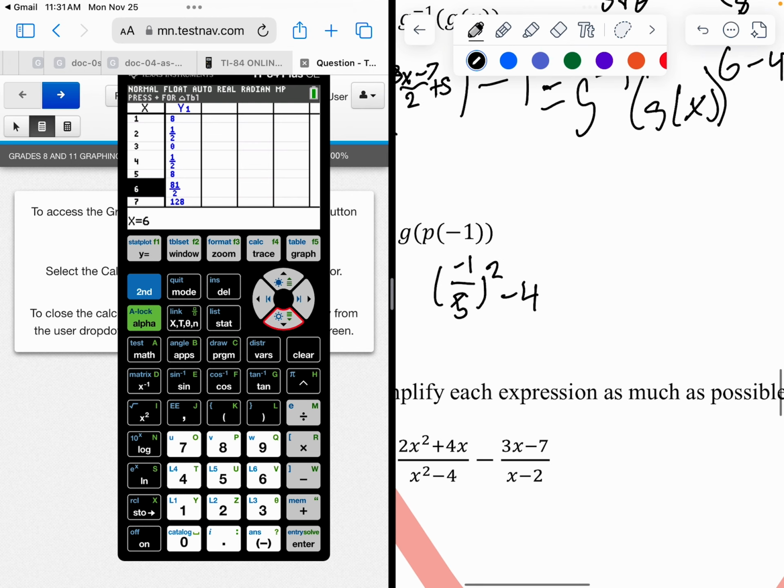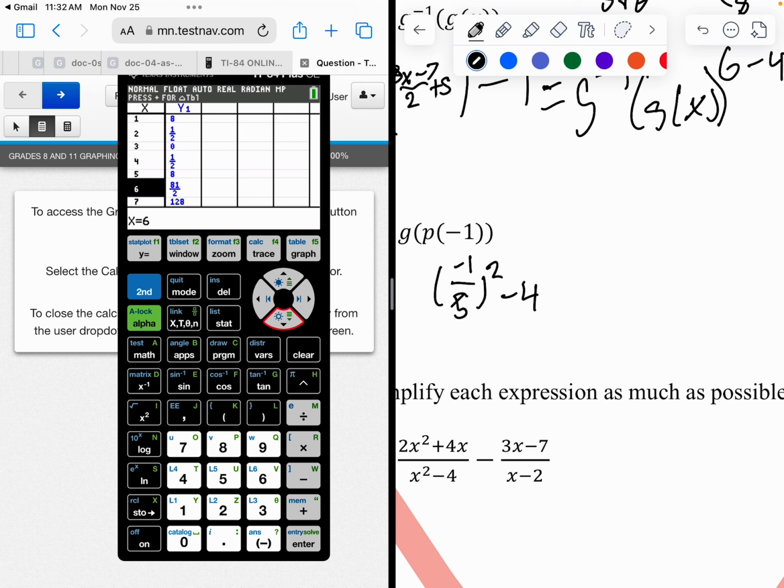So it's going to be simplified. We're going to square negative 1/5.